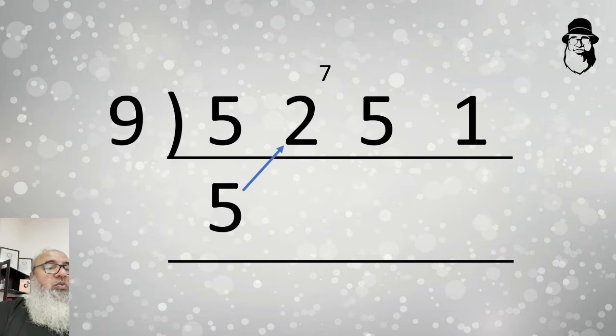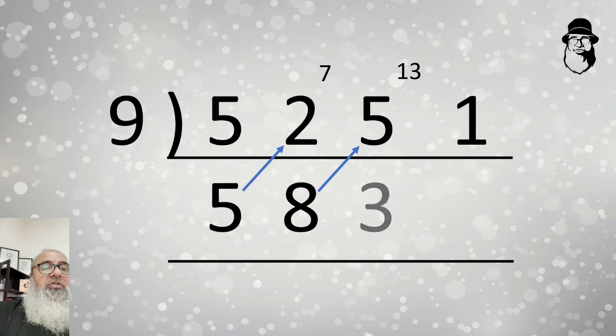So we don't put down 7, we put 8, expecting that carry 1. Now we add 8 to 5 to get 13, but the 1 in 13 has already been taken care of. So just put down 3 and finally add 3 to 1 to get the remainder 4.